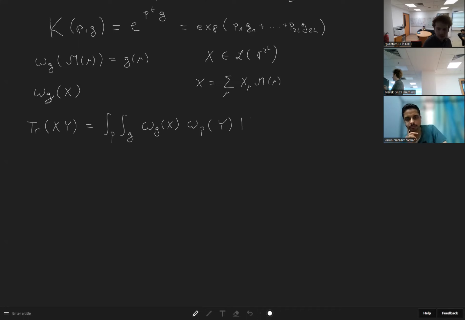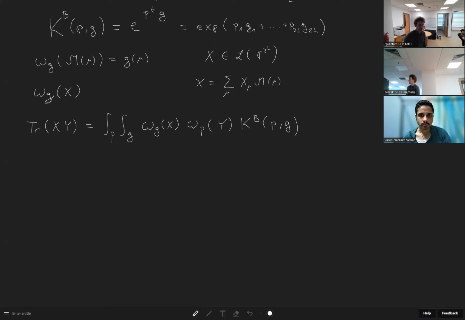And then I need to use this Bravyi kernel. Bravyi or Berezin, either way, it's a B. And that's the idea that we get this formula, which is useful because it allows us to compute many observables.